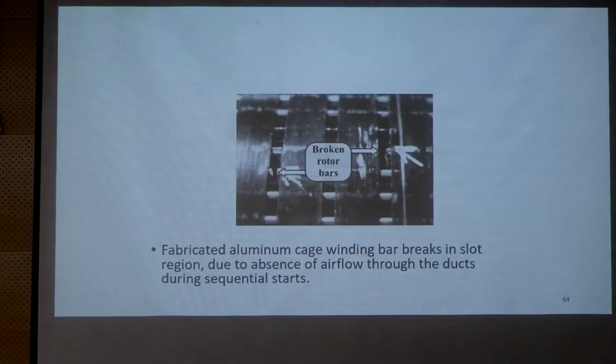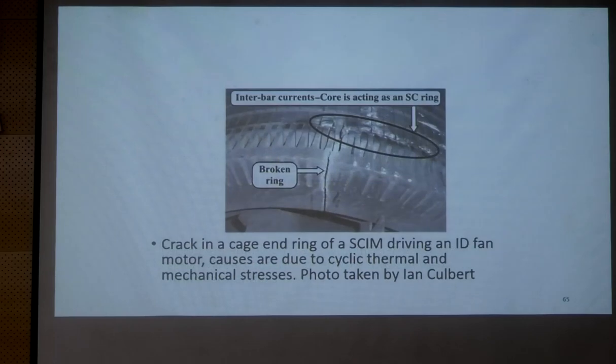Broken rotor bars: absence of airflow through the ducts during sequential starts. These are broken rotor bars. You can see a crack in the cage end ring.